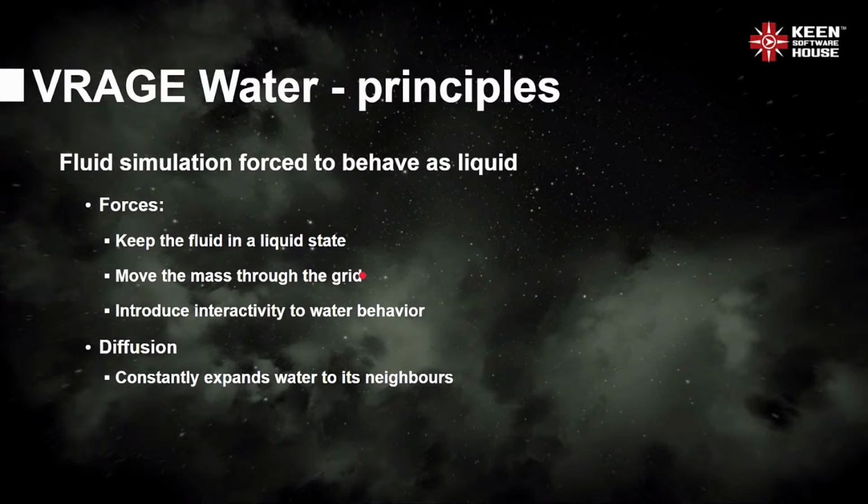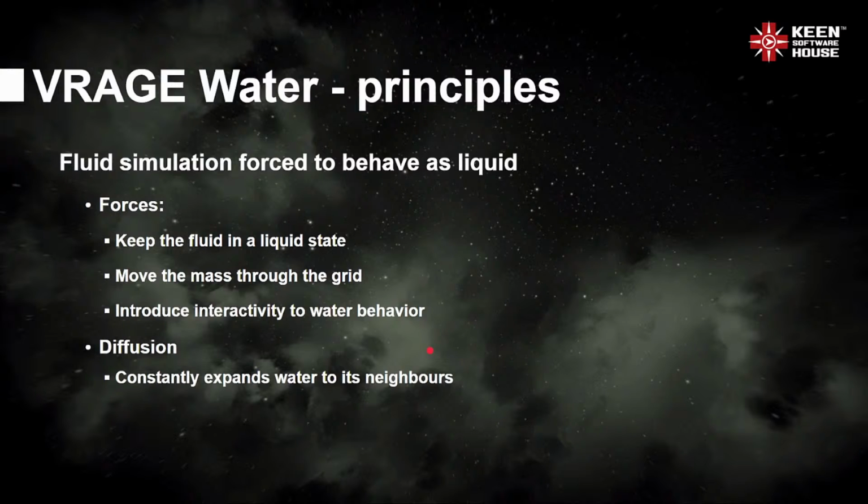And how do we work with these properties? The basic behavior of our water is diffusion. It means that water is constantly expanding to its surroundings, to its neighbors. So if it is not limited, it expands to infinity. You can imagine that it will create fog or mist or steam or something like that.